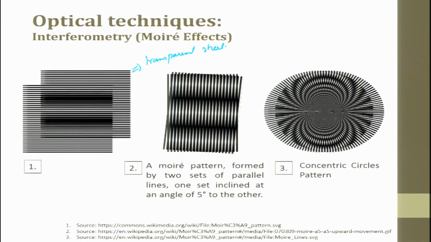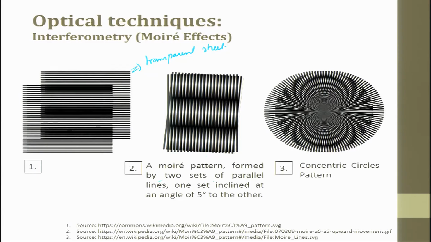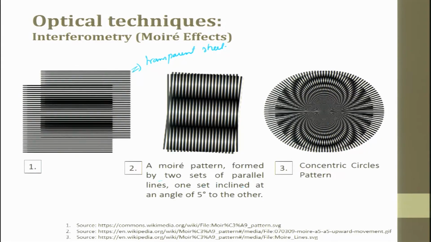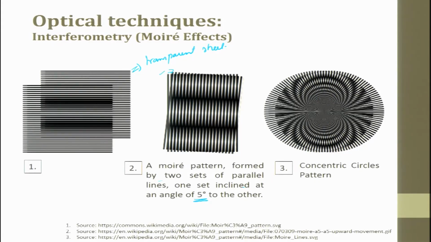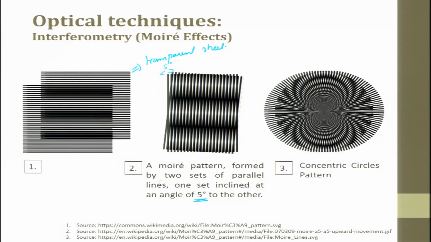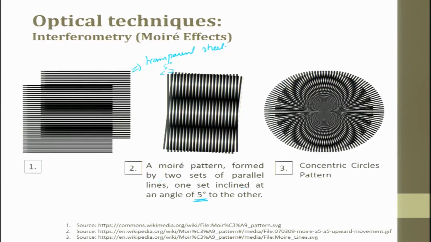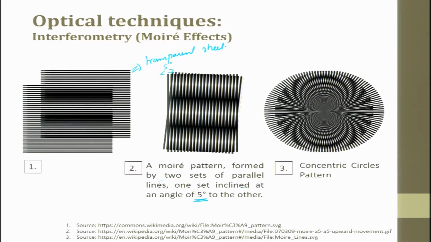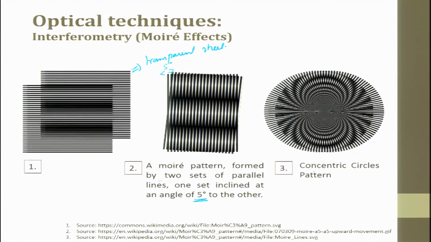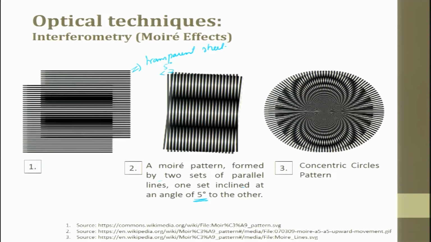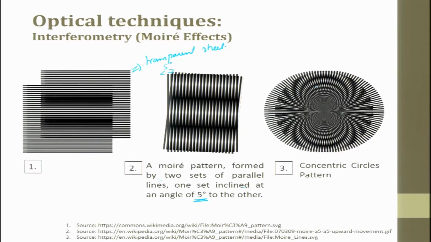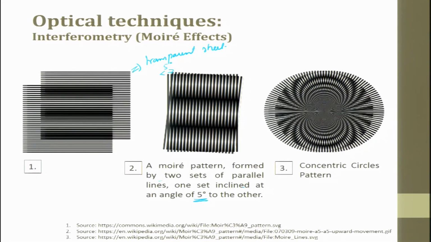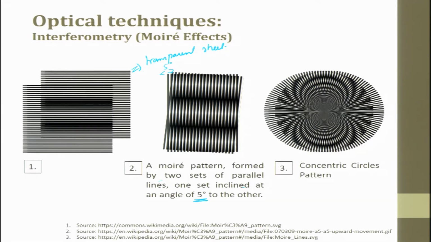So, a Moire pattern is formed by two sets of parallel lines, one set inclined at an angle of 5 degrees to the other. So, this is the inclination angle of 5 degrees, and you get a fringe pattern. This is for linear. You can also do it for concentric circle patterns. Now, if you start counting the lines, from this counting of lines you can find out the depth information you are trying to take.